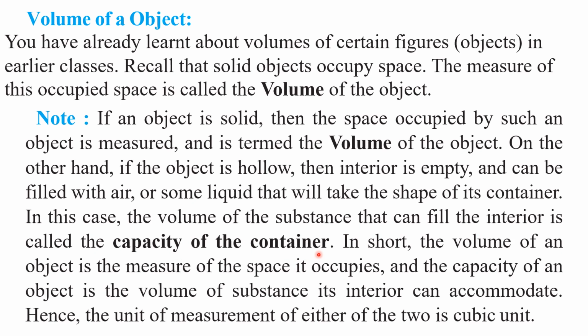Understood this point? In short, the volume of an object is the measure of the solid space it occupies, and the capacity of an object is the volume of substance its interior can accommodate. Understood this difference between volume and capacity of an object, my children?